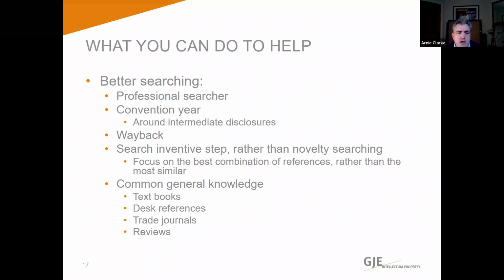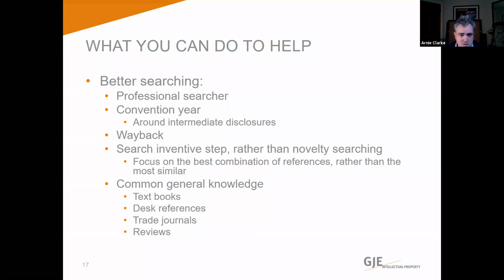Search within the convention year, absolutely. Often patentees are so happy with what they've done, they publish essentially what they've just filed a patent application on, and then they lose priority, and then that disclosure becomes prior art against their final application. Those of you who are following things like the CRISPR case, the Broad Institute case, a hugely important case at the EPO recently, exactly that happened, and they invalidated their patent based on their own disclosure made during the priority year.